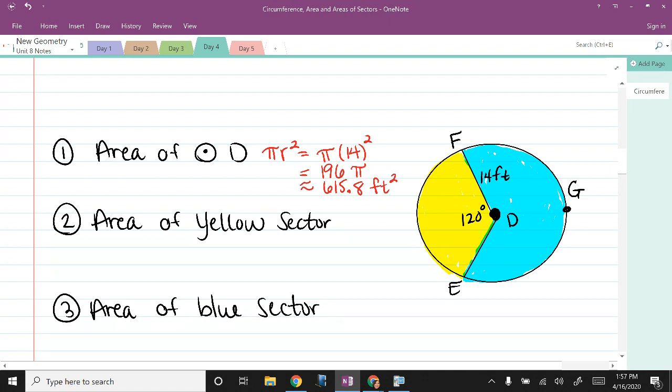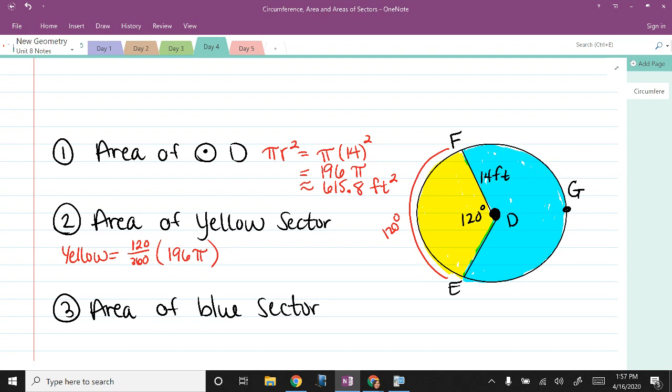And then it says to find the area of the yellow sector. Okay, so for yellow, well, that arc is 120 degrees based off the central angle. So 120 over 360 times 14 squared times pi, which we already said 14 squared was 196. So there's no sense in wasting time recalculating 14 squared again.